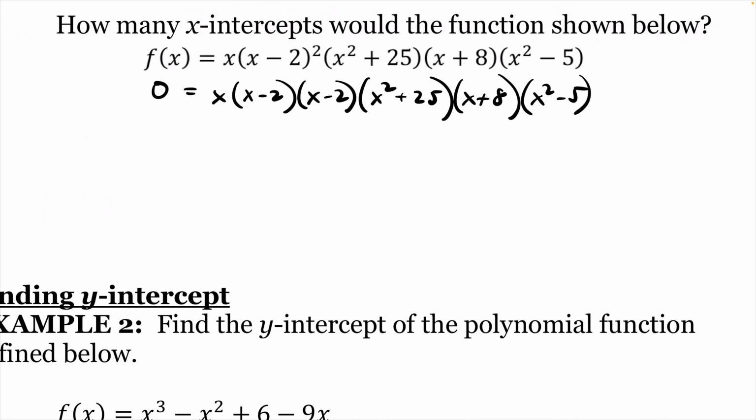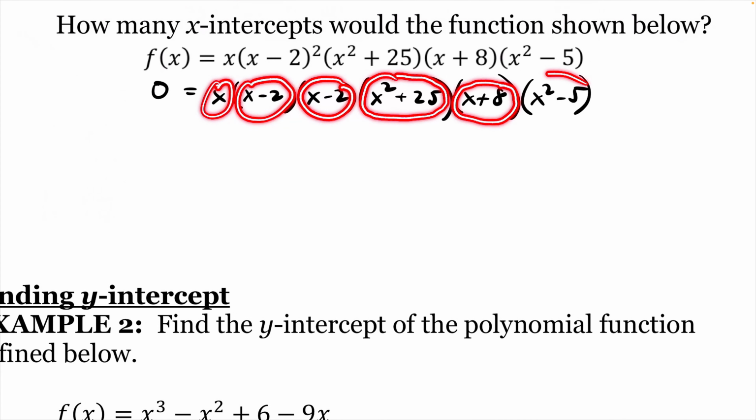So how many answers am I going to get on this one? 8 answers. Yeah, there's actually going to be 8 here. So let me see. You get 1 here. We get 1 here. We get 1 here. We're going to get 2 here because it's squared. We're going to get 1 here. And we're going to get 2 here because it's squared. So that makes 8.